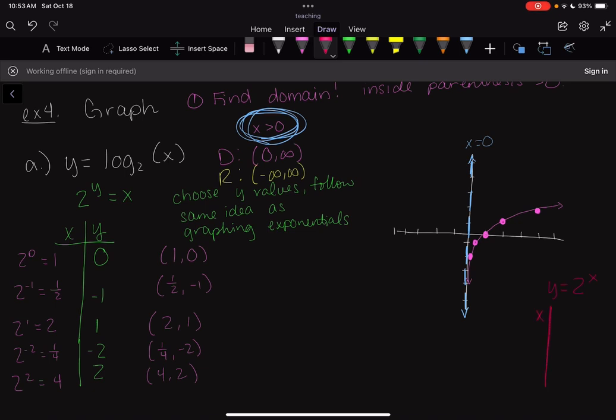We graphed this one last time, but it went through the points (0, 1), (-1, 1/2), (1, 2), (-2, 1/4), (2, 4). Basically, every single point has been swapped. The x and the y have been swapped. This is the relationship between an exponential and a log. So this and this are inverses of each other.